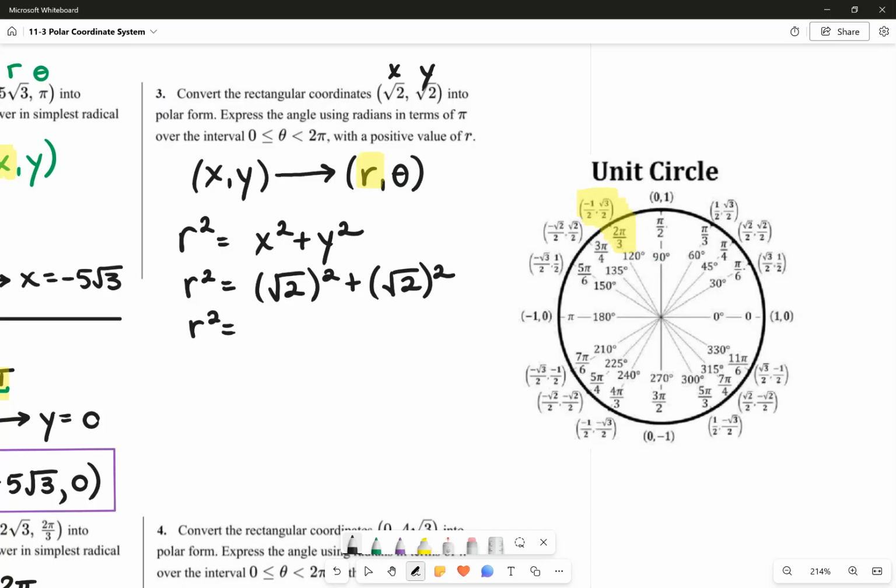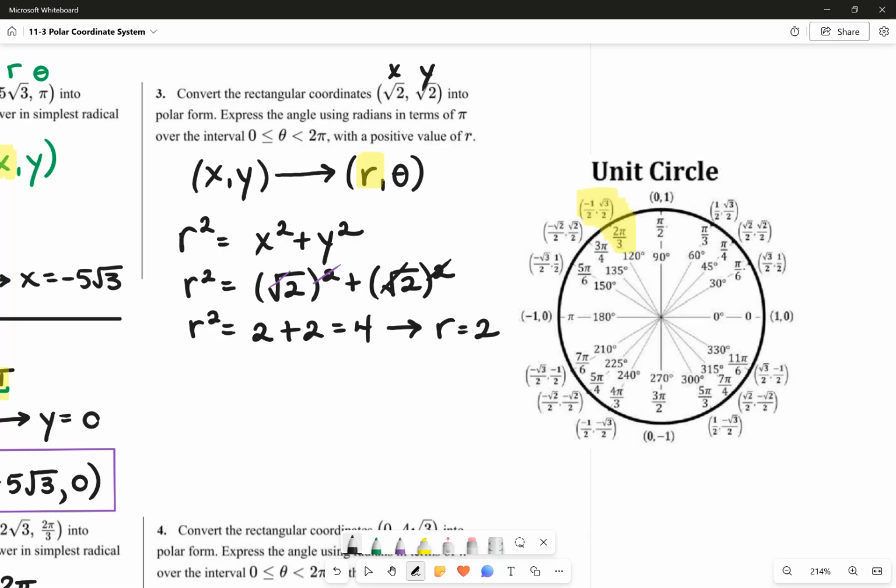Well, square root of 2 squared gets rid of that. So that's just going to be 2 plus, again, it gets rid of that, which is 4. And if r squared is 4, that means my r is a 2. So I found the first component of that polar coordinate.